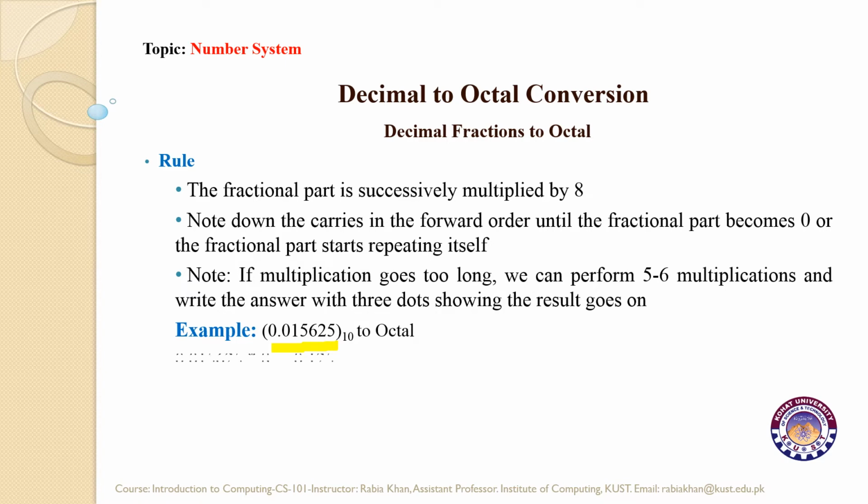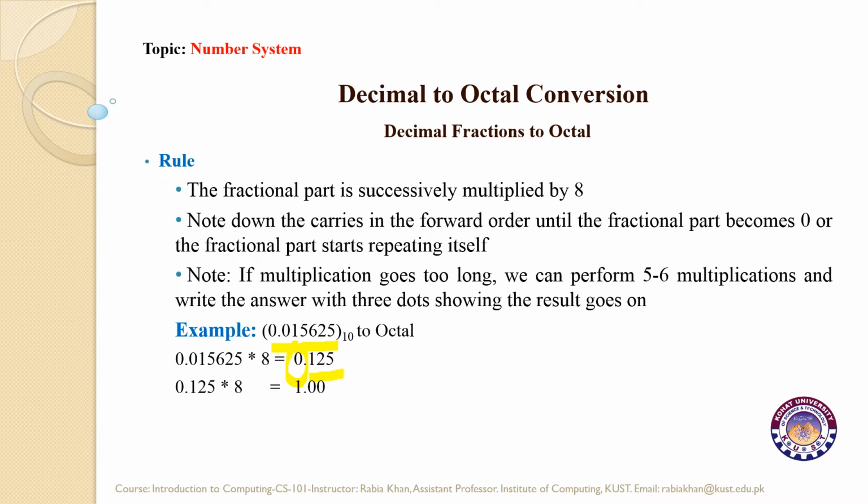So we multiply 0.015625 with 8, and the result is 0.125. These are the carries that we are going to note down, and multiply this fractional part again by 8.